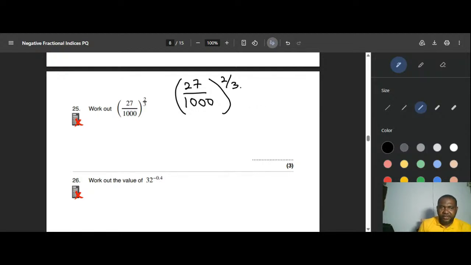Now, over 3 means cube root. This one here means cube root. So cube root of 27 is 3. Cube root of 1000 is 10. So everything will be raised to power 2. 3 raised to power 2 is 9. 10 raised to power 2 is 100.